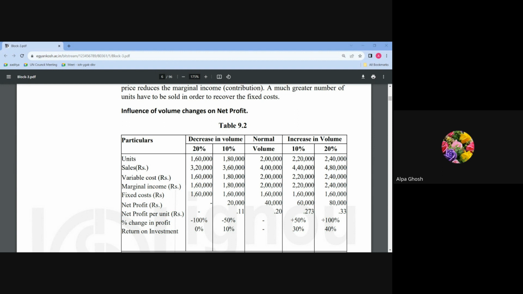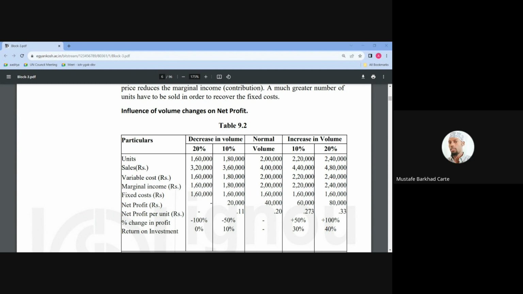Your answer is return on investment is 0%. That means it is a situation of no profit, no loss. Whatever is your income, that much expenditure you are making. Am I clear? I hope this is very clear.